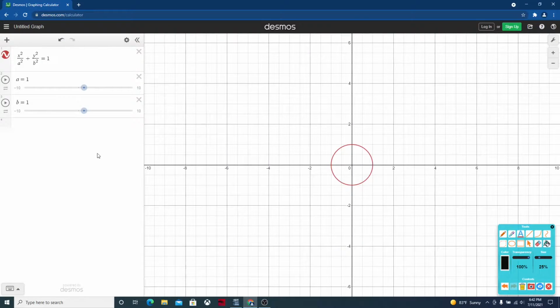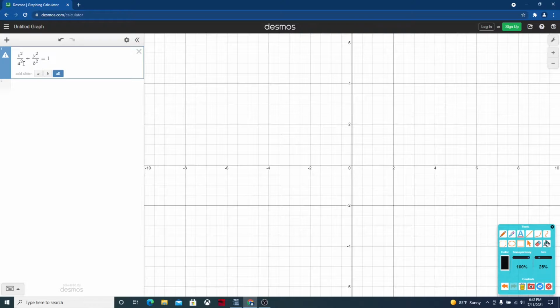So let's go back to Desmos, and we can get rid of these sliders. And let's get rid of a squared. We're going to write the largest of the squares of those 3 numbers, which was 2601.